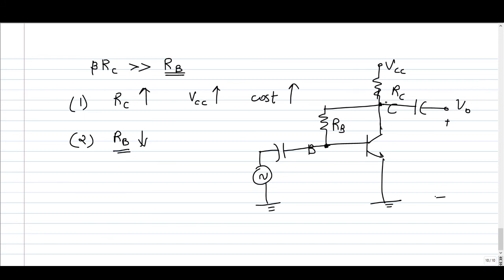So for the time being, I will conclude it as when RB decreases, there is more negative feedback, and gain of the amplifier decreases. So that is not a good design. So these are the problems with the collector to base biasing circuit. So we will stop it here, and we can continue in the next class. Thank you.